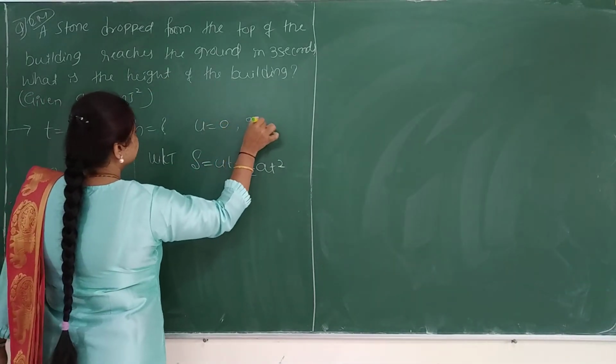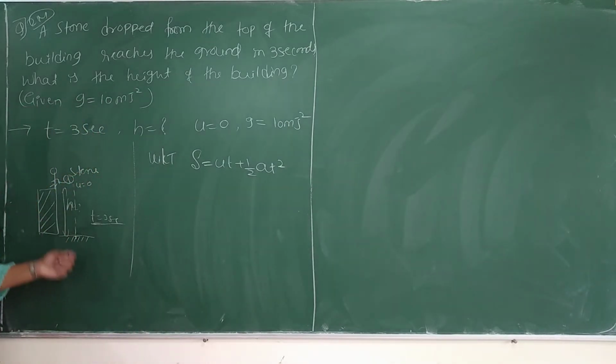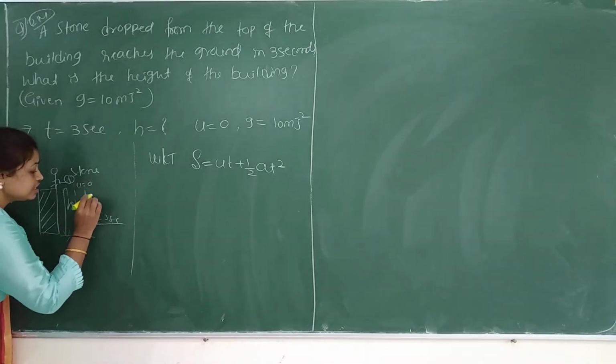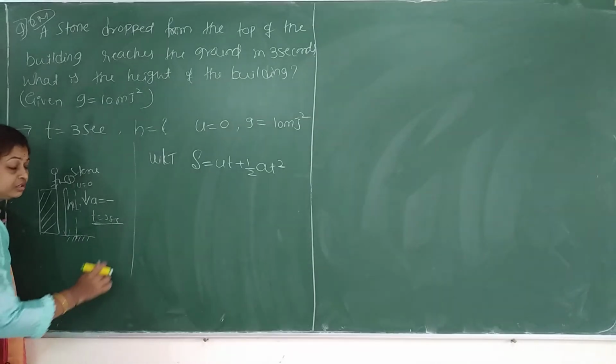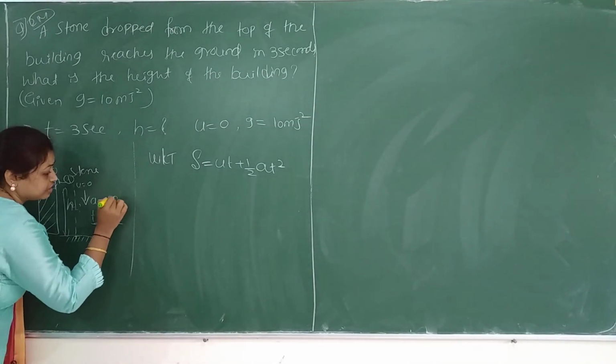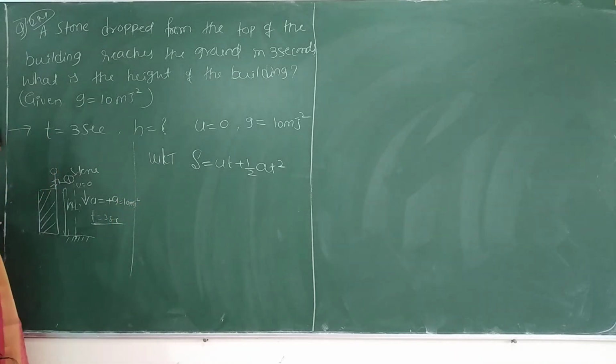How much is it? G is equal to 10 meter per second square. Now see here, the stone is dropping towards the ground, so acceleration is what? Is it plus or minus? Downward motion, that is plus g. You have to take it as plus 10 meter per second square.